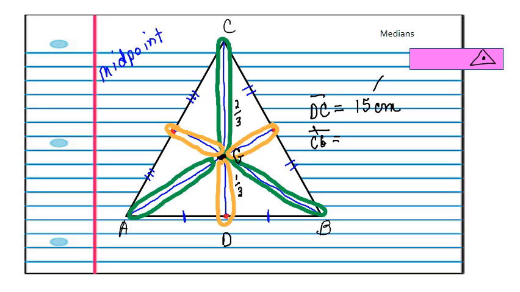And just think about it. You take whatever the number is and divide it into 3, which would give us a 5, a 5, and a 5. Well, 2/3 is going to be 2 of those, so that would be 10. And from G to D would be 1/3, the leftover, which is 5.